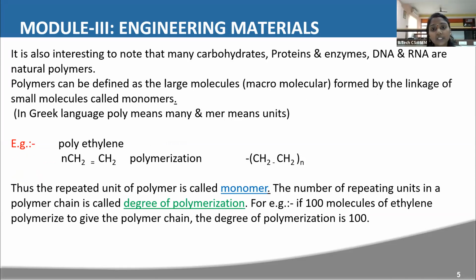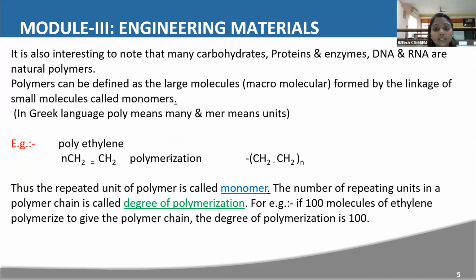Two hydrogens are present in ethylene, and the remaining two bonds form the double bond. If any compound contains two carbons and a double bond, we can easily say it is ethylene.